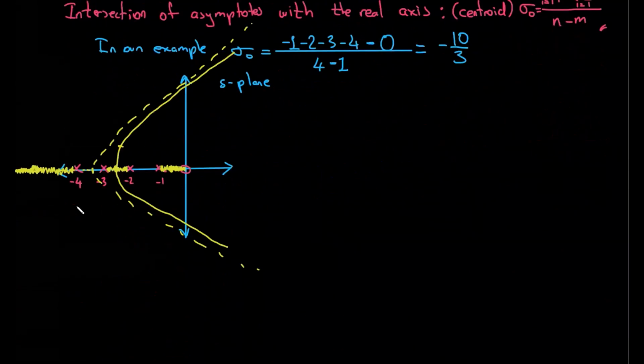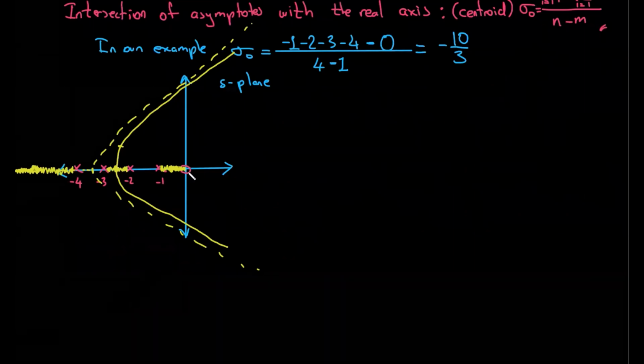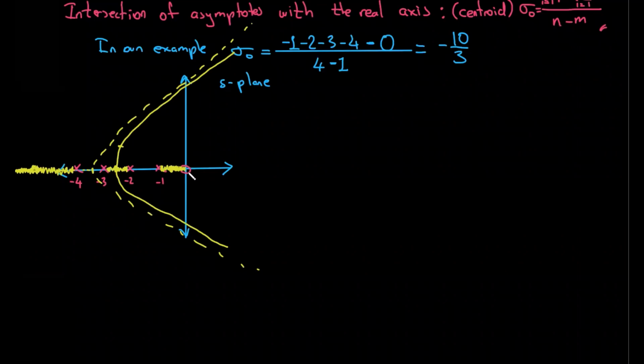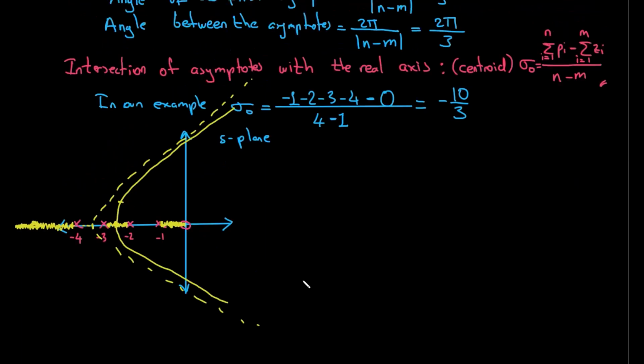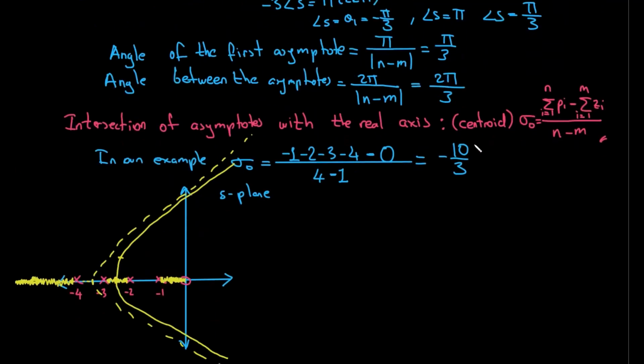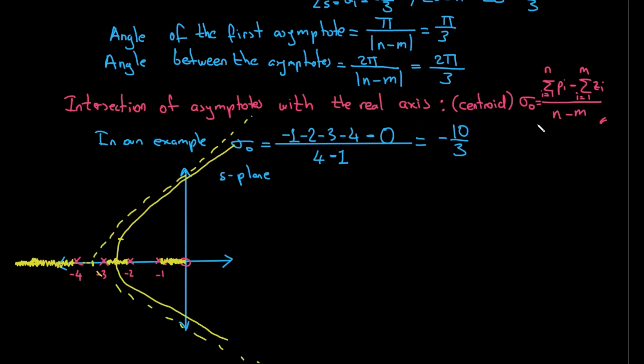And in our second example, we have 4 poles, 1 zero, okay? So root locus starts at the open loop poles, ends at the open loop zeros or the asymptotes. And there's only 1 zero here, so there's only 1 pole that can reach the zero, okay? The remaining 3 poles will follow the asymptotes, and the asymptotes have the angles as found here, and the intersection of the asymptotes with the real axis is given with this formula.